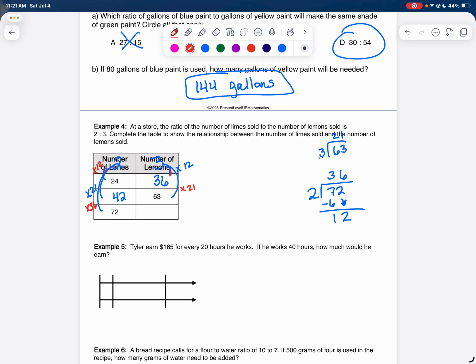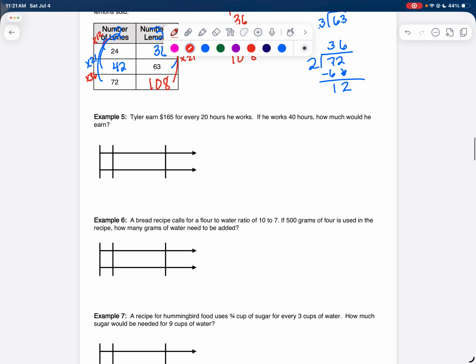So I must scale the other side by 36. So I'm going to take 36 times 3. That'd be 18. 3 times 3 is 9, plus 1 is 10, so 108 lemons.